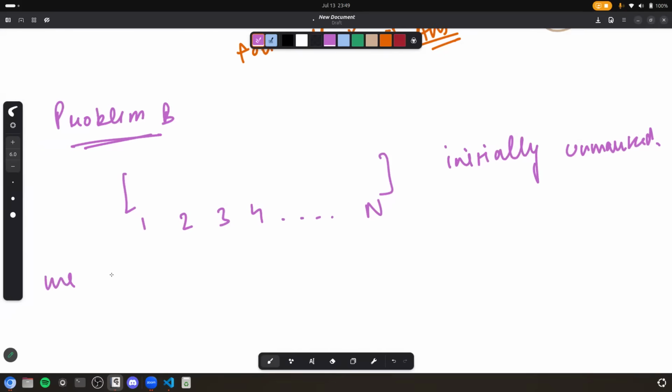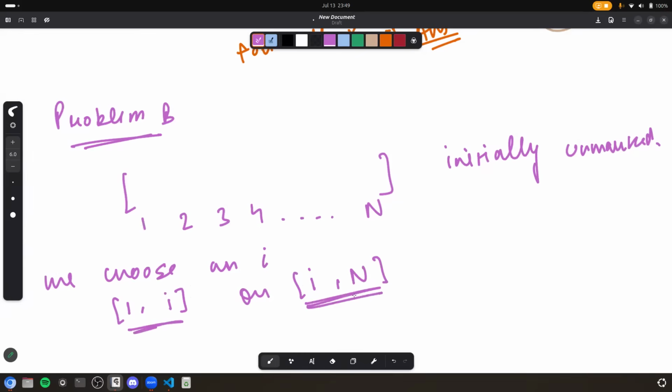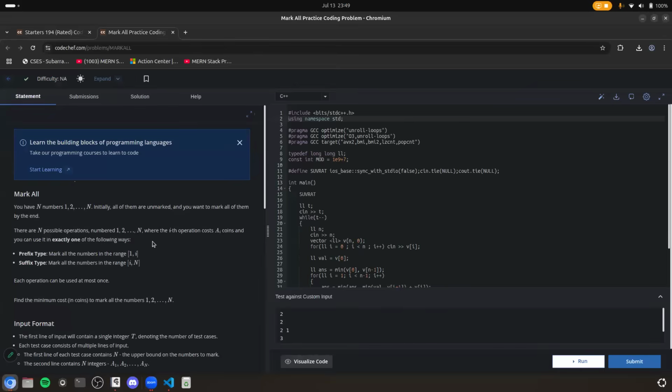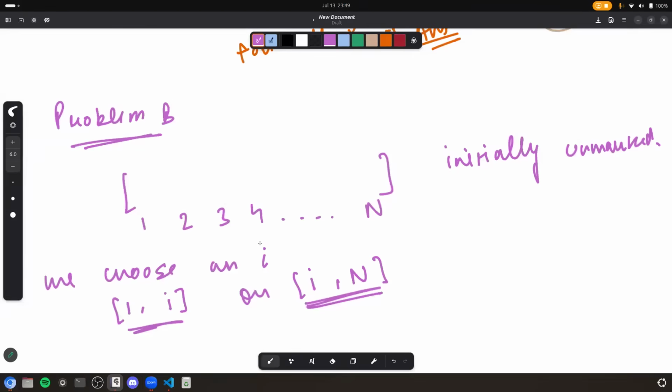We choose an I, and for this I, we either mark all the indexes in 1 to I or all the indexes in I to N. So for an I, we must do one of these operations, and we cannot do it for the same I again. Basically, each operation can be used at most once. So if we use the operation I once, we cannot do it again.